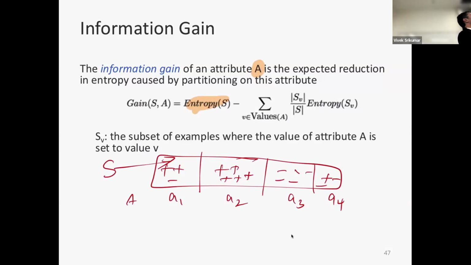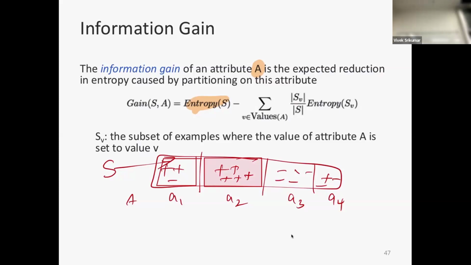And then let's say you partition the data according to the attribute A. And here, let's say the feature A takes 4 values, A1, A2, A3, A4. All of these are A1, all of these are A2, and so on. Let's consider A2. When you split the data according to A2, you get a bunch of pluses.